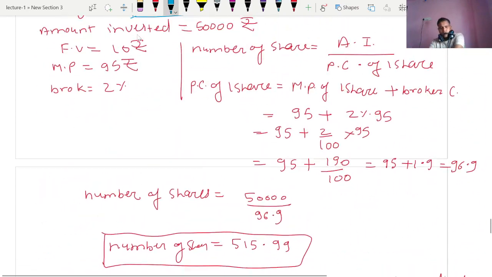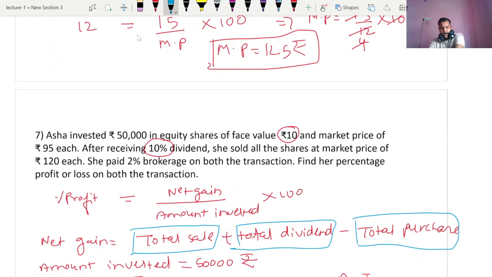She sold all the shares at a market price of 120 rupees each.